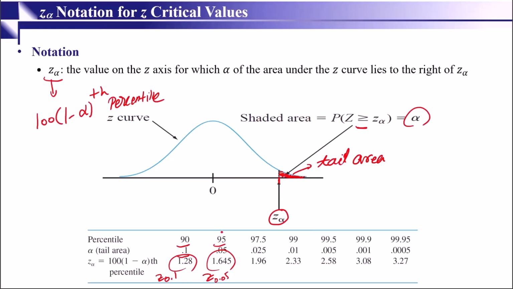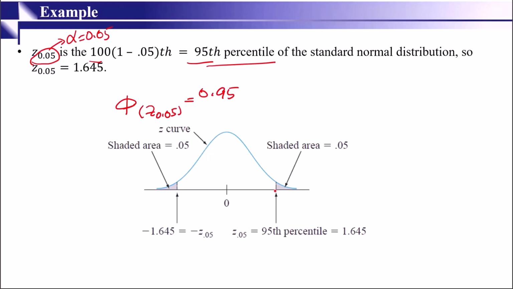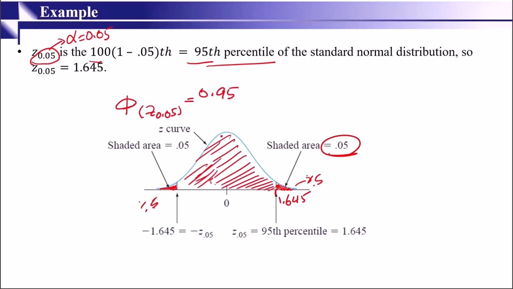Based on this table, for 95 we have 1.645. If we consider this point here as 1.645, then the area under this part is 0.05. Also, 5% of data is here, and 5% of data here. And the area between them is 90% of the area. 90% probability, or 90% of data is between minus 1.645 and 1.645.